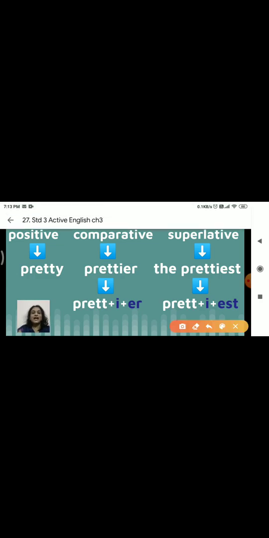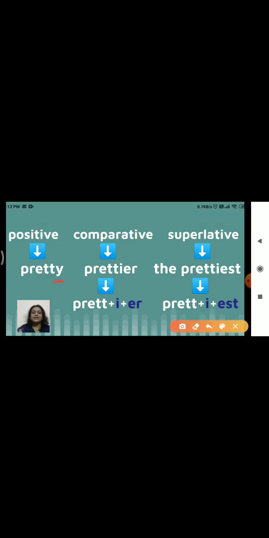It ends with Y, isn't it? So what will we do here? We have to make the comparative degree. So we will cut this Y and add I and ER. So we got our answer prettier. We cancelled Y, we added I and then we added ER and we got the word prettier.